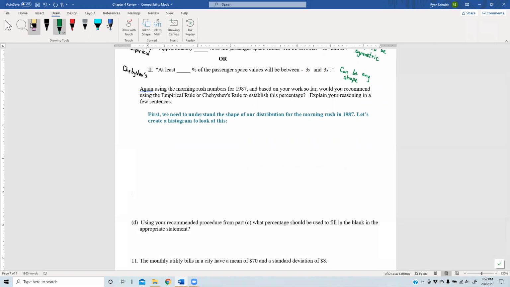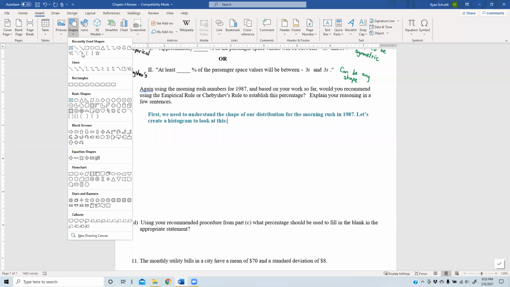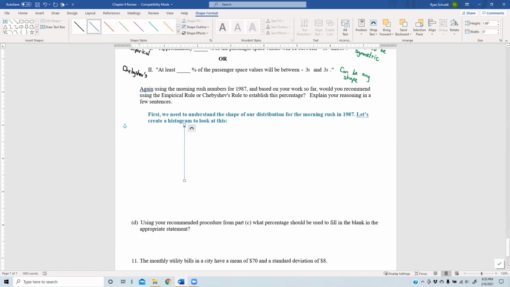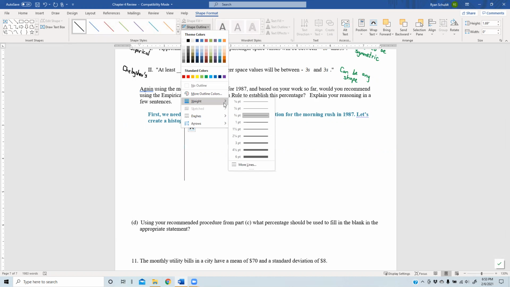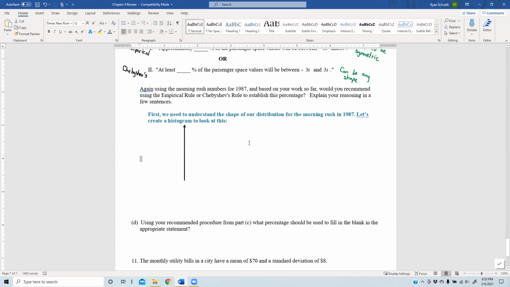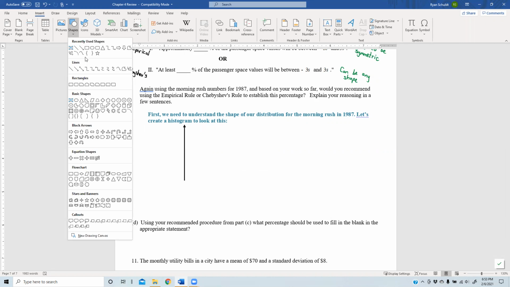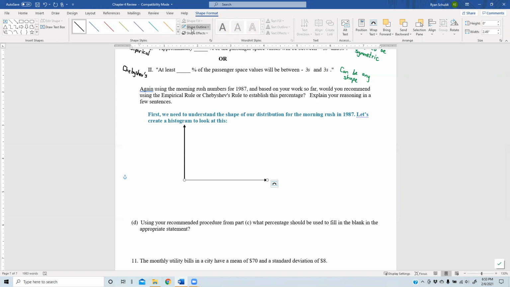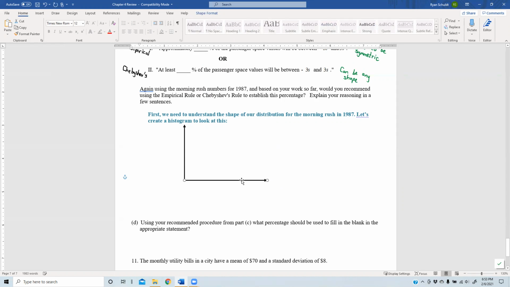So first thing you want to do, insert your axes. Okay, so there's our axes.